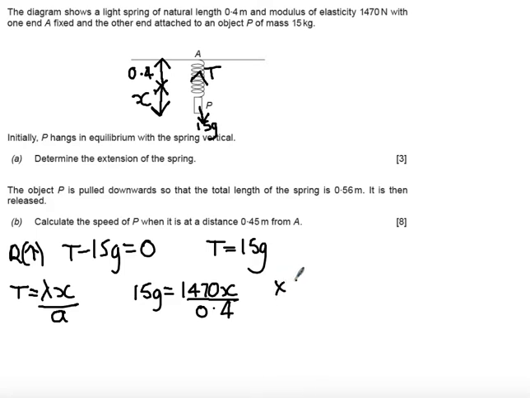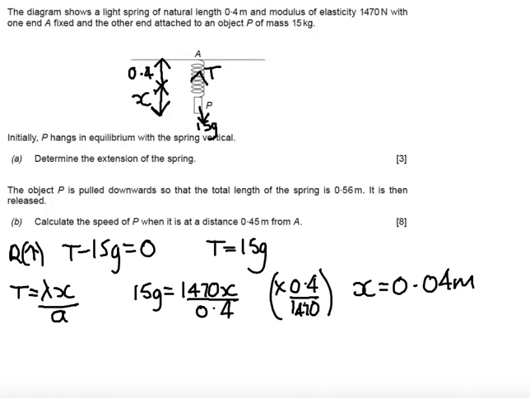So if I times by 0.4 and divide by 1470, what we're going to get is that x equals 0.04 meters.